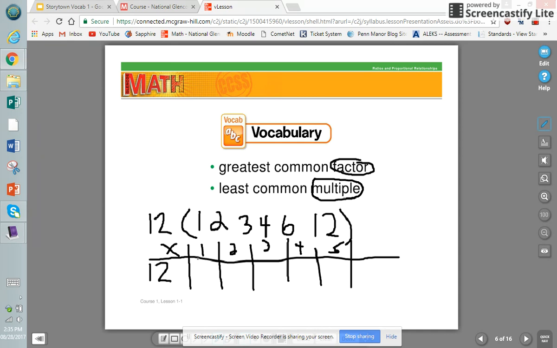So 12 times 1 is 12, first multiple. 12 times 2 is 24. 12 times 3 is 36. And so on and so forth. And 48. And 60.